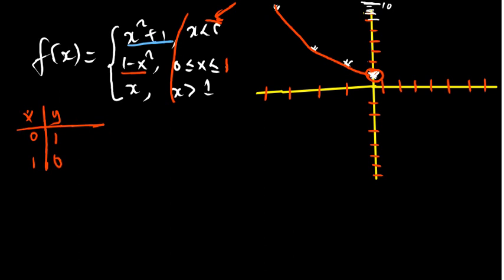Meaning that both sides, since it is less than or equal to, we are going to put closed circle. So we're going to go there and 0, 1. Where is 0, 1? So we have got 0 in x, then 1 in y. It's the same point. Okay? So we're going to put there. Then at the same time, we're going to put 1, 0.